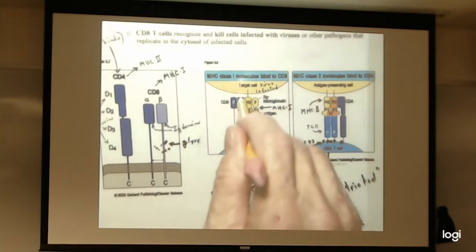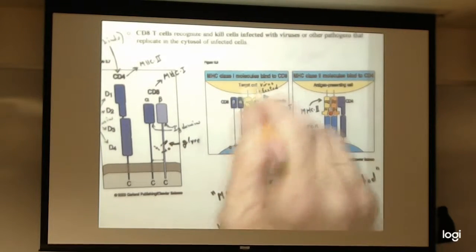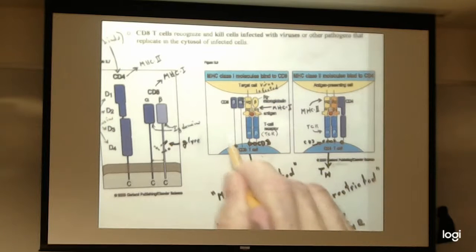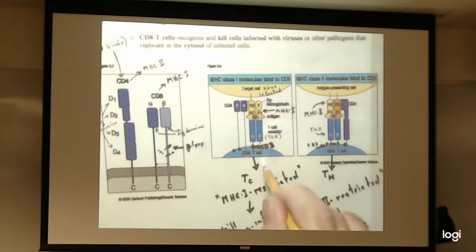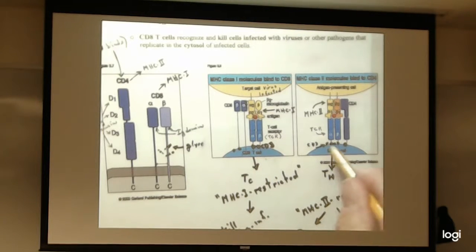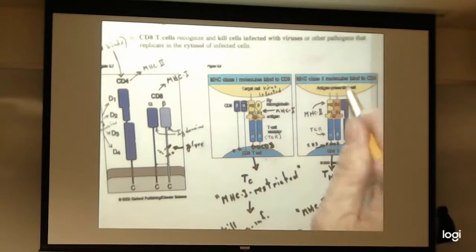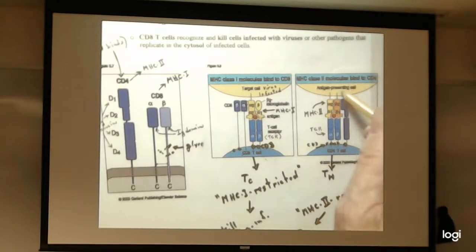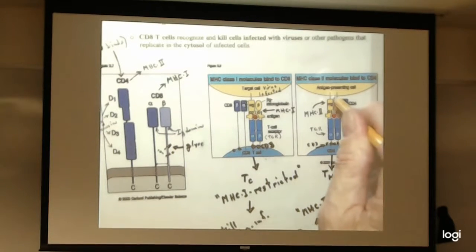So CD8 proteins stabilize a T cell receptor MHC1 peptide complex, and again bring Src family tyrosine kinases into play, initiating the signal transduction event we're going to follow. So CD4 T cells recognize only class 2 molecules because they have the needed partner protein, CD4, which can only bind the base of MHC2 peptide presenting complex.